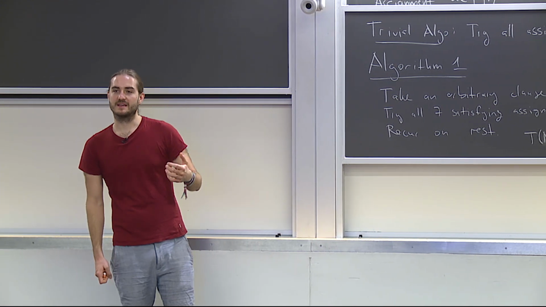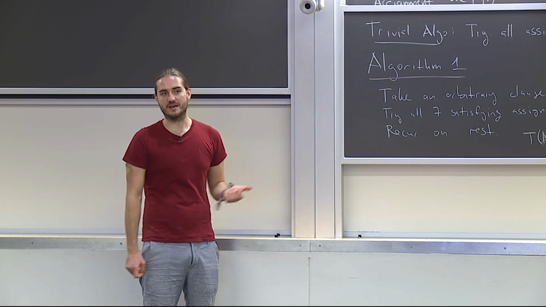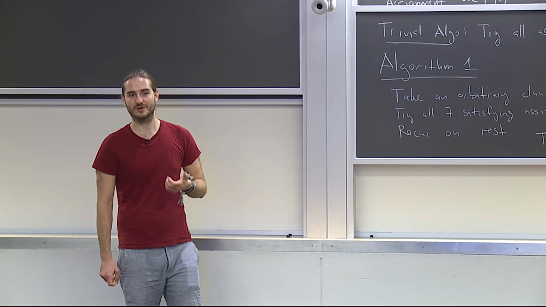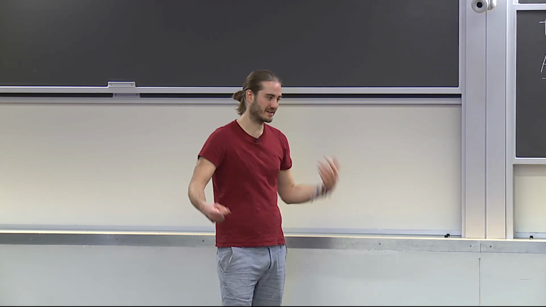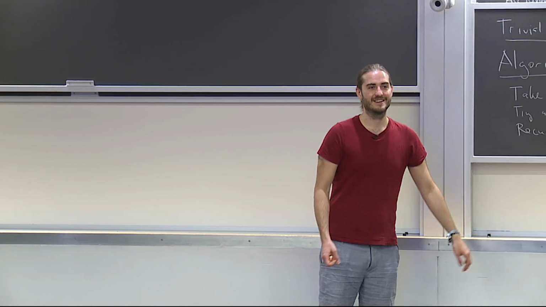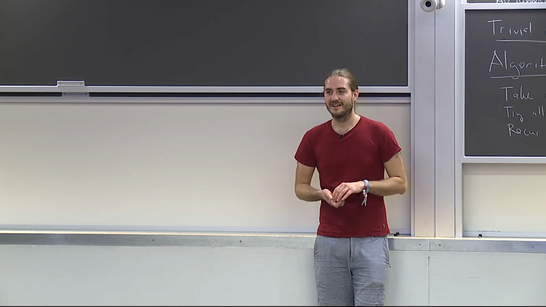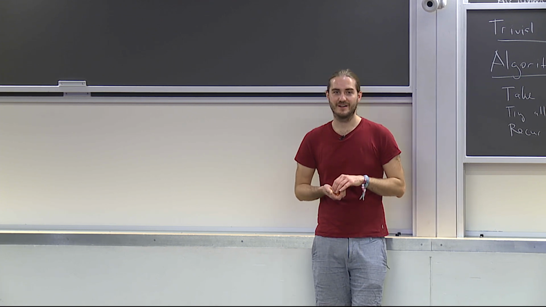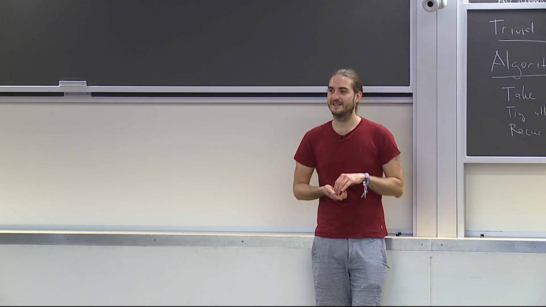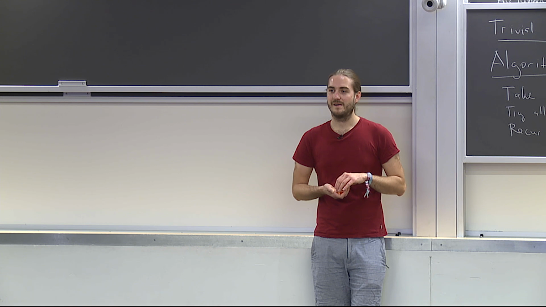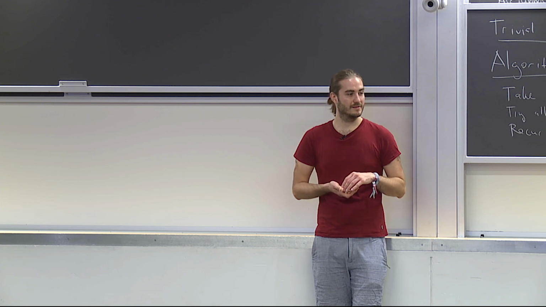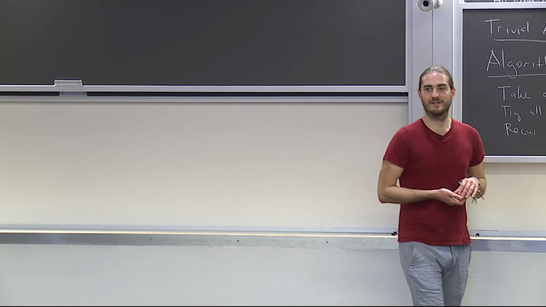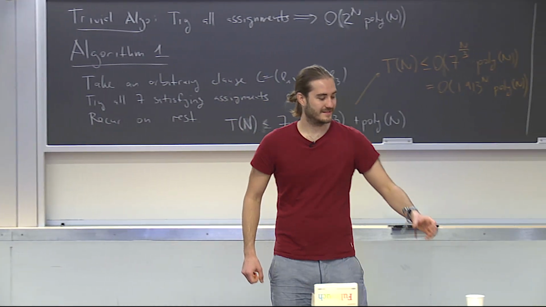Maybe instead of guessing which is a satisfying literal in this clause, what should we guess instead? It's a little bit tricky to get the idea. So maybe I'll give you 20 more seconds. Any ideas?